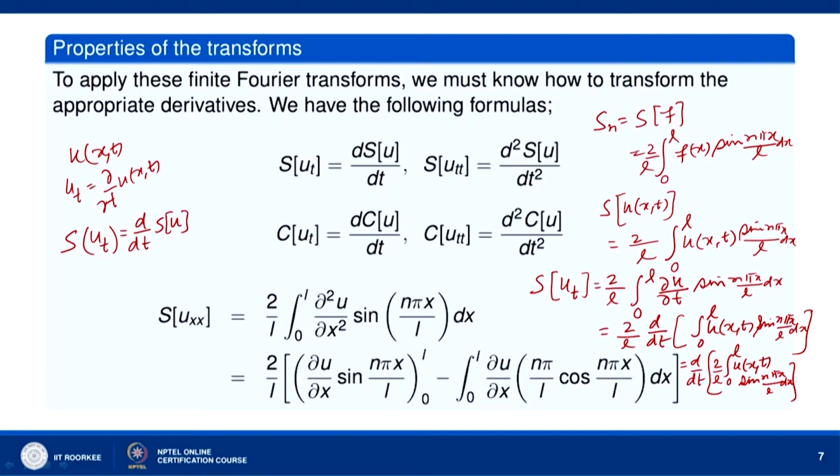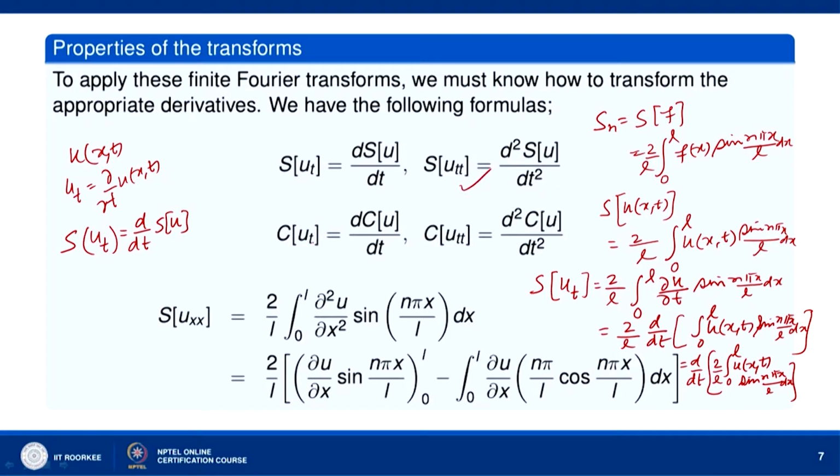Okay. This is d over dt of S of u. Similarly, if you have S of utt, in place of ut you have utt here, then you can write d square over dt square outside, then S of utt will be equal to d square over dt square of S of u in a similar manner.